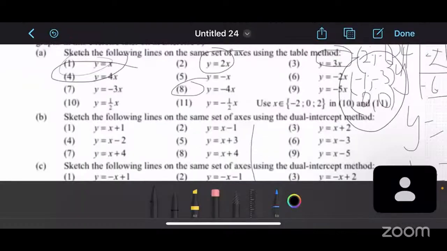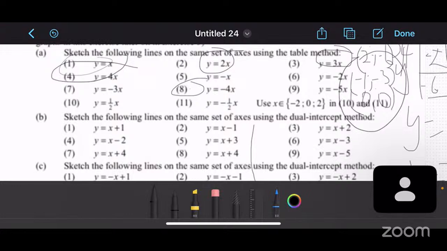Okay. Wait, no, I believe I made a mistake at the start. The start was supposed to be positives, not negatives. Okay. Absolutely, I get you. It is absolutely correct, and that's how you do the table method, Manahil.